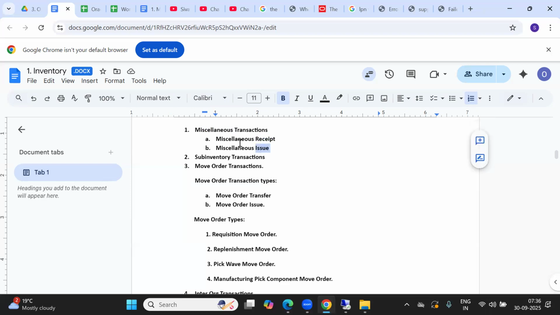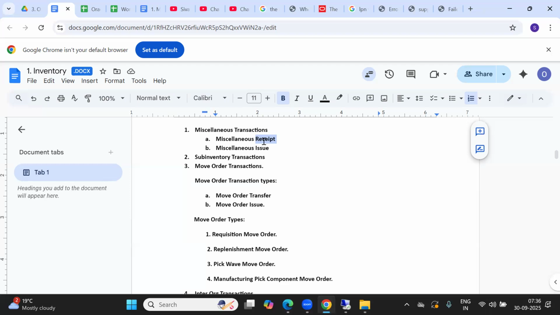Wherever you see receipt, it means receiving: you are receiving the quantity into your organization. It could be just a miscellaneous receipt, or we have a PO receipt, which is receiving the quantity from your supplier.